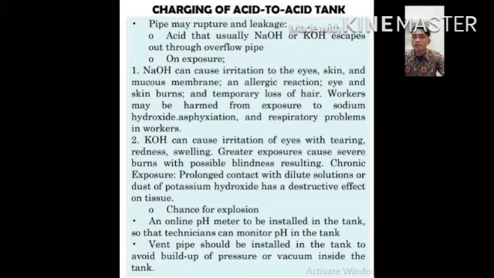For charging the catalyst to the catalyst tank, pipeline rupture may lead to the catalyst, which is usually NaOH or KOH, escaping out through the overflow pipe and exposing workers. NaOH can cause irritation to the eyes. The impact includes irritation to eyes, skin, and mucous membrane, allergic reaction, and eye burns. There is also temporary loss of hair.